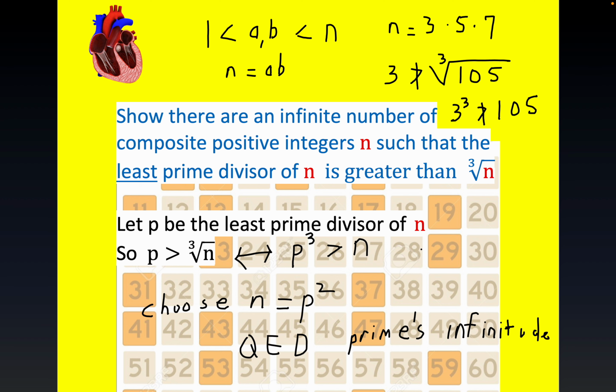There's a lot more to this problem in terms of the class. There's another class of natural numbers that enjoy this property. See if you can figure it out. This is sort of trivial in the sense that we picked n equal to P squared, and then you get the condition being satisfied. So far we only know that the squared primes are composite integers that satisfy these initial conditions.